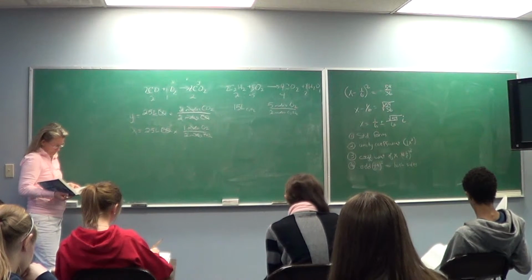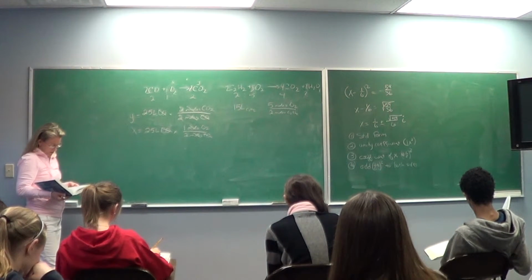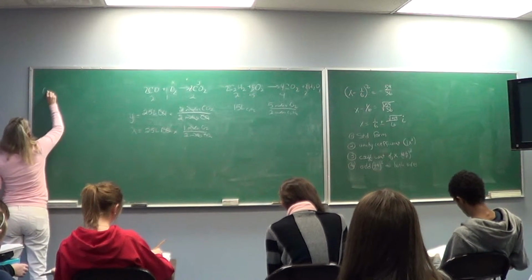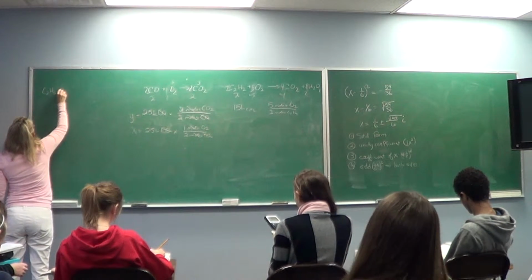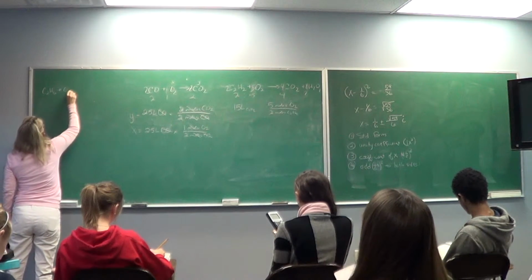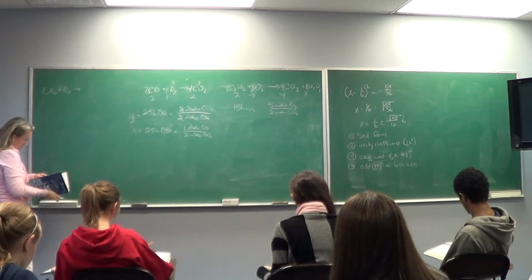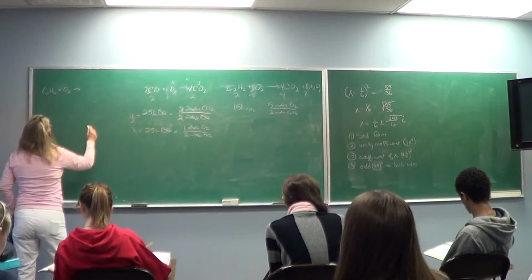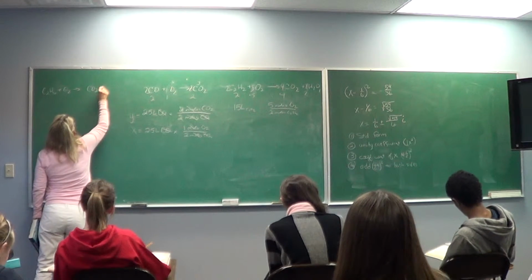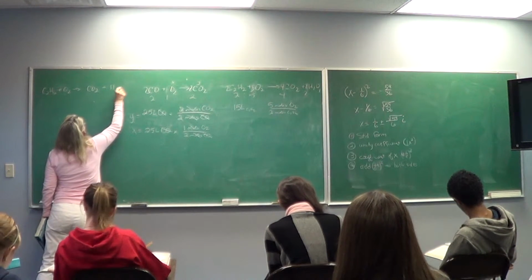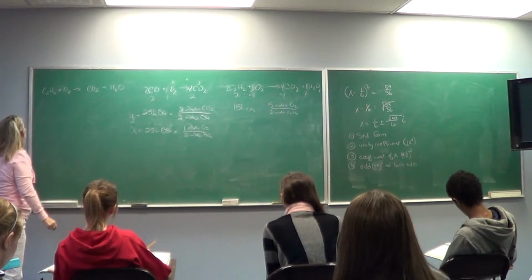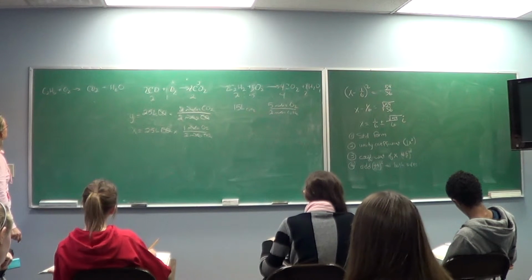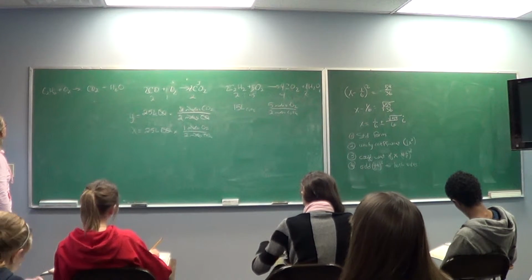Okay, 15 C2H6 plus O2 yields CO2 and water vapor. Okay, so 3 on one side, 2 on the other.